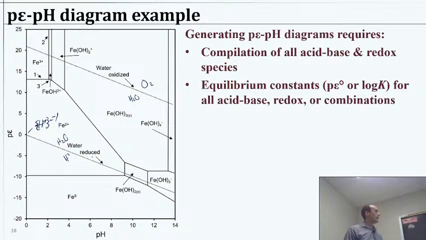Then we recognize that at low pHs and mid-range PE values, our soluble form is Fe2+, or Fe2+ is stable under those ranges. If we have particularly reducing conditions, we can get zero valent iron. Particularly oxidizing environments, we get Fe3+.